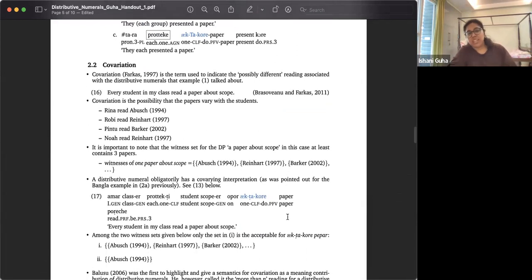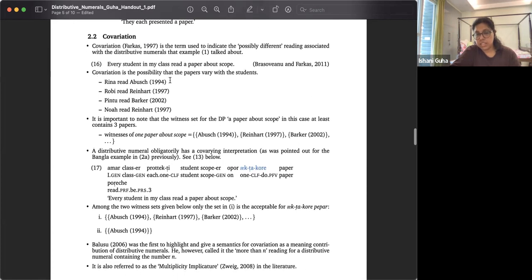So, let's move on to the next interpretation, the next interpretational contribution that the distributive numerals make. This is the possibly different reading that we started our class with. The name for possibly different reading in the literature, the one most commonly used, is covariation.